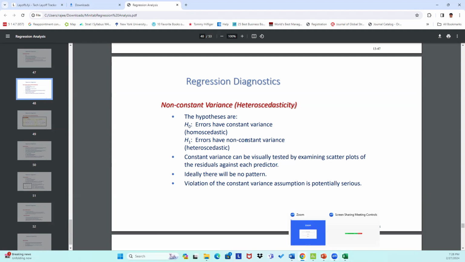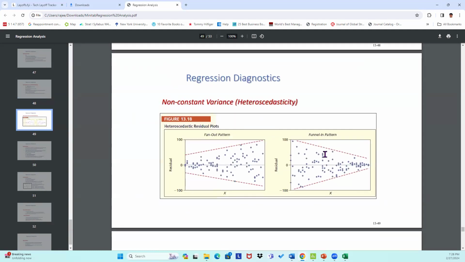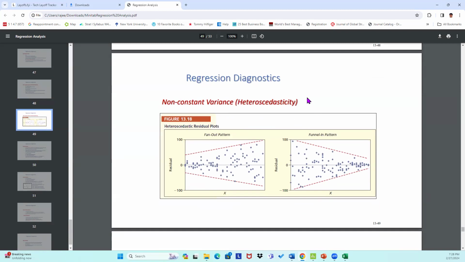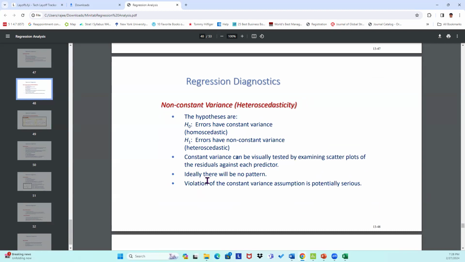Are you getting me? So, the last sentence here on the PowerPoint says violation of the constant variance assumption is potentially serious. Does that mean if you notice fan in or fan out, then yes, basically we need to look back at the data if we see any such issues.